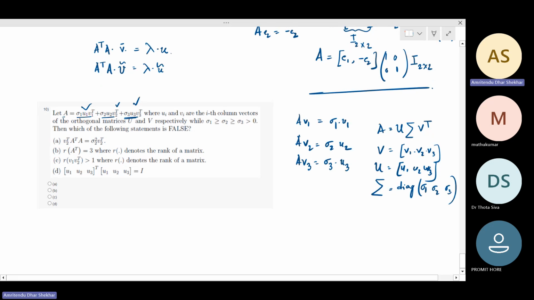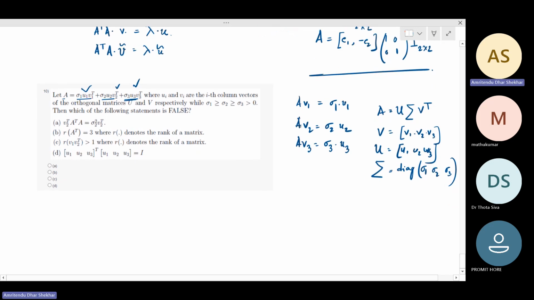Then, if you consider this linear map, sigma 1 U1 V1 transpose plus sigma 2 U2 V2 transpose plus sigma 3 U3 V3 transpose, then notice that this map is equal to A. Why?